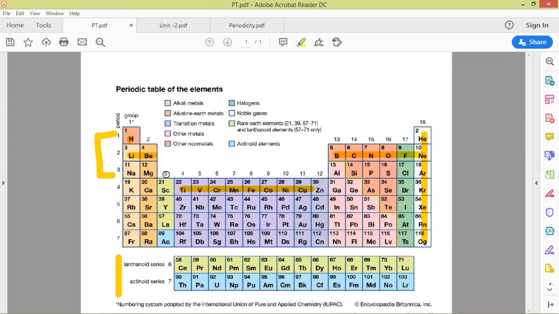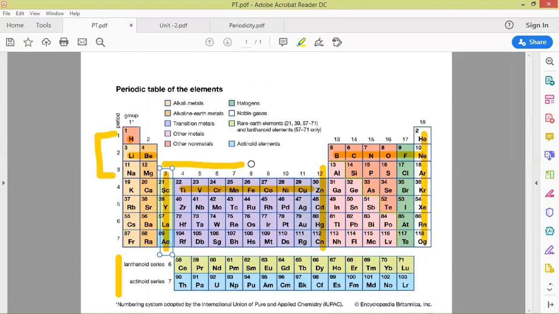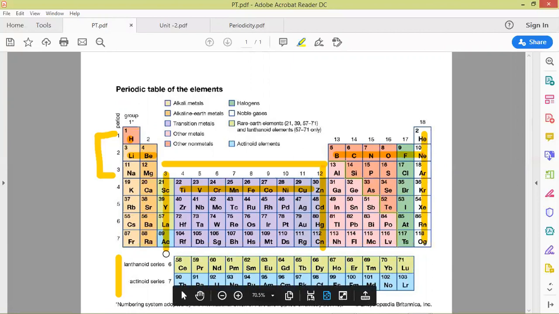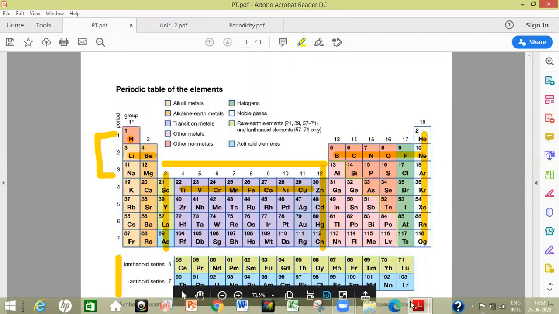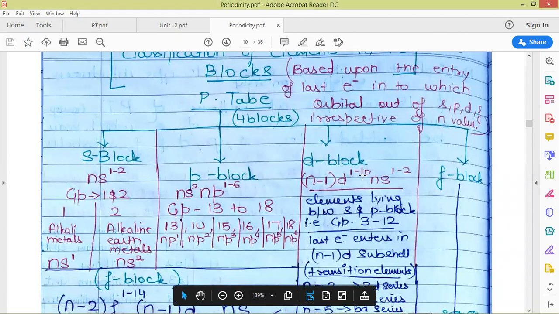Starting from the third group to the 12th group, these 10 groups present in between the s block and the p block elements are called transition elements, and these are called d block elements. These d block elements have the general electronic configuration of (n-1)d 1 to 10.